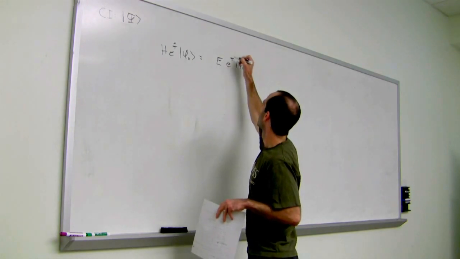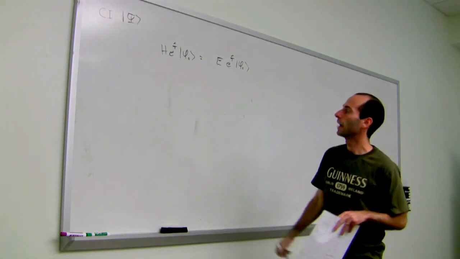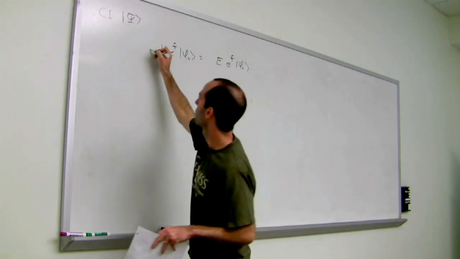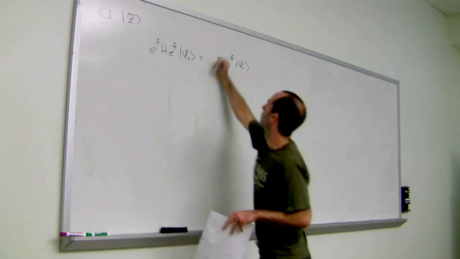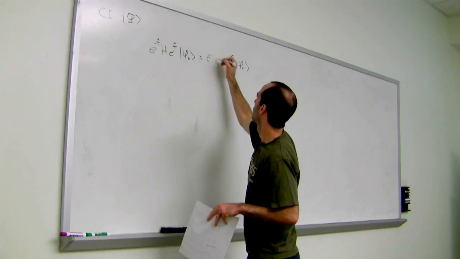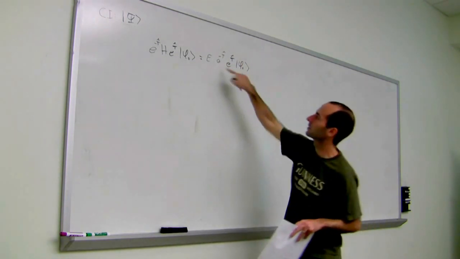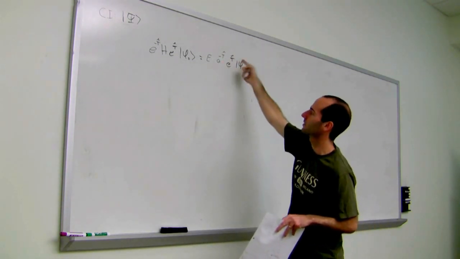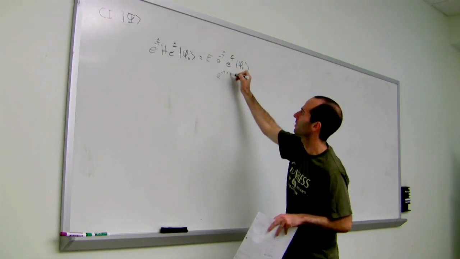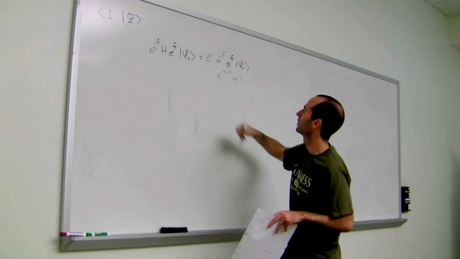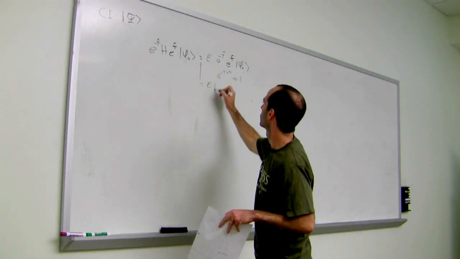I just inserted the CC wave function, and we're going to left multiply the whole thing by e to the minus T. This is e to the minus something times e to the something, which gives you e to the minus T plus T, which goes to 1. So we actually have equals E times psi 0.